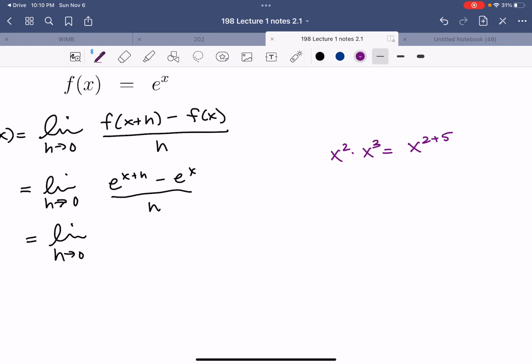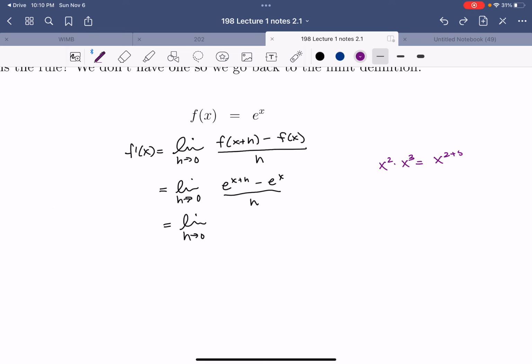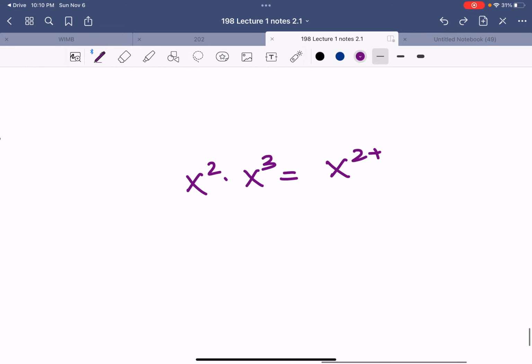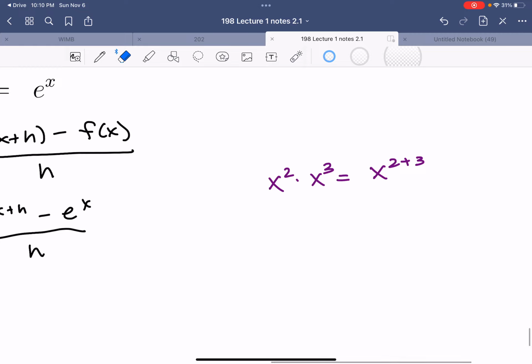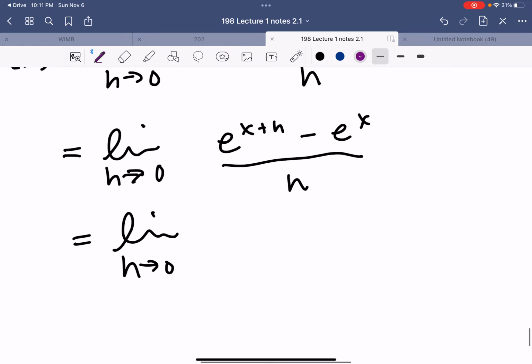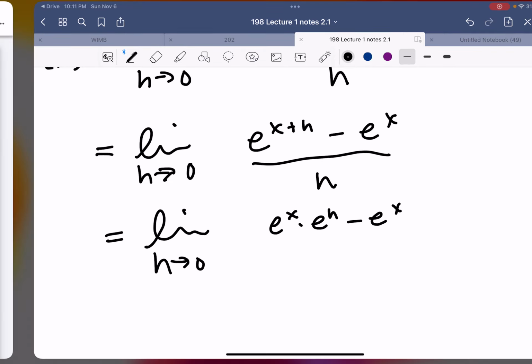If I do the reverse, if I take the x to the 2 plus 3, that would give me x to the 5th, so I can split it back up using multiplication. So that's what I can do here with my e to the x plus h. This can be e to the x times e to the h minus e to the x all over h.